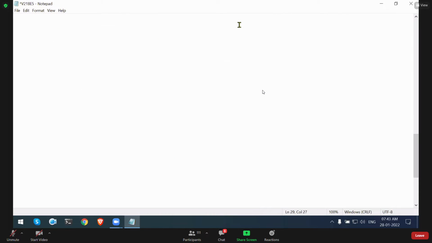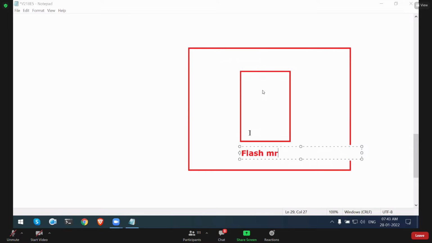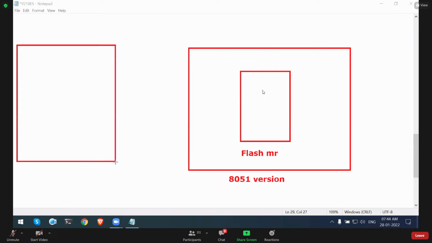Example, this is the microcontroller. Inside this there is a flash memory. Now suppose you have a PC, and in this PC you have written a program.